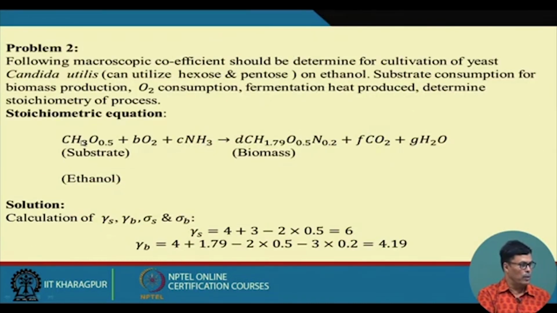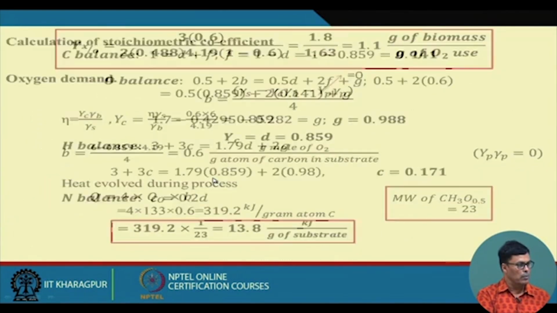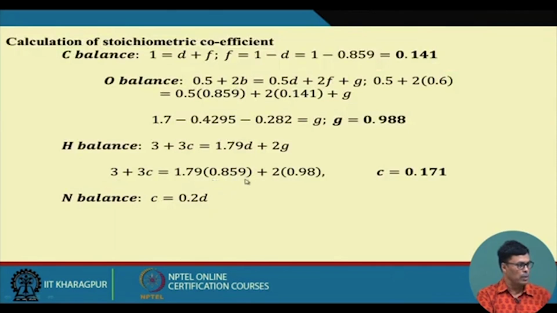Hydrogen we find in the substrate, ammonia, the biomass and the water molecule. Then we can do this calculation, and we find the C value is 0.15.